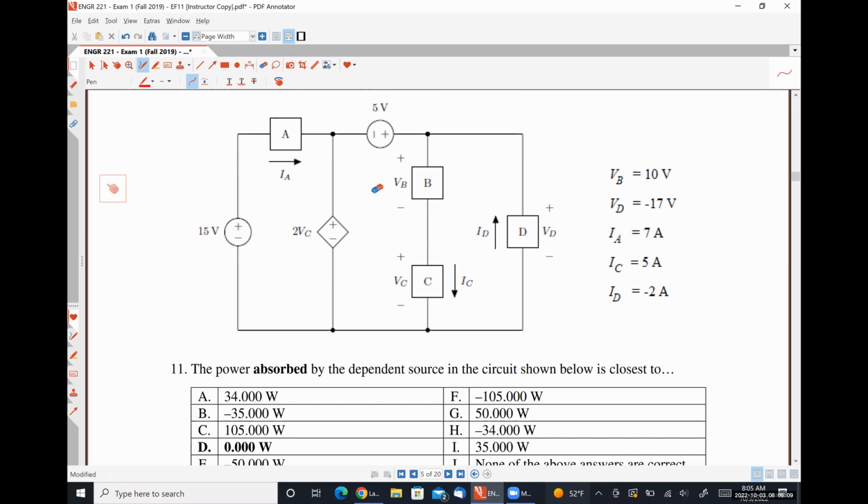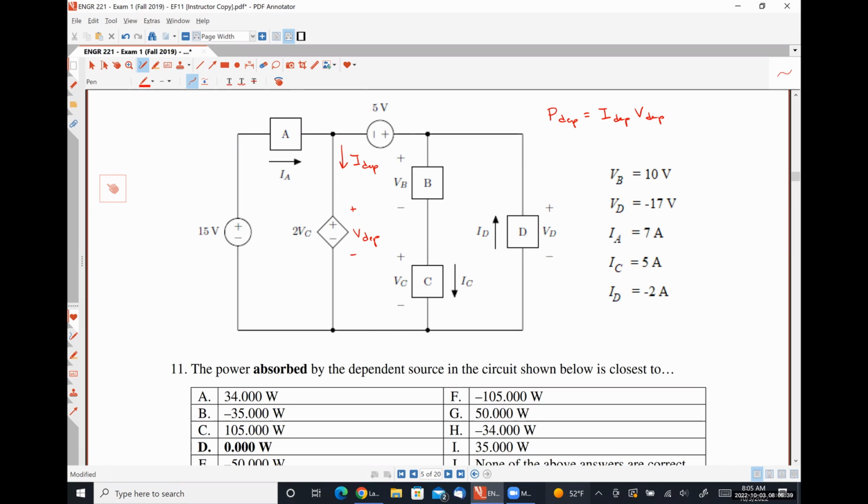So what I'm going to do is label this current I dependent, and I'm going to label this voltage V dependent, okay? Since we want the power absorbed, P dependent is just going to be the current I dependent times the voltage drop V dependent.